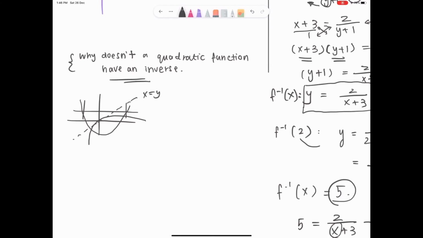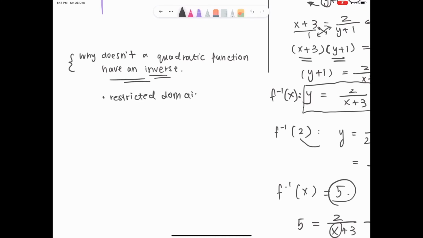It's quite messy. So if they ask you for a quadratic function to have an inverse, you need to have a restricted domain. You may want to ask, what is a domain? Basically, that's all the x values, written as an inequality. If we draw it out, this is a normal y equals x squared function.